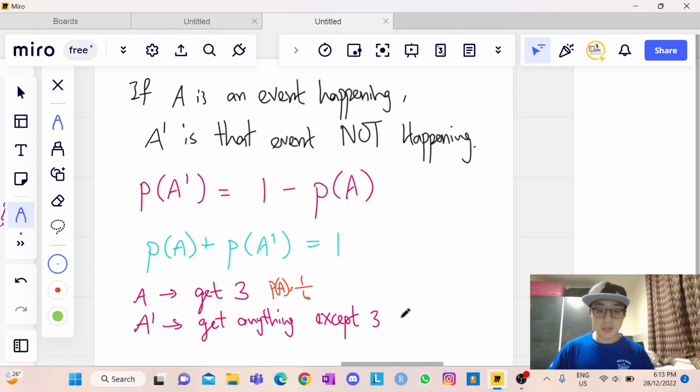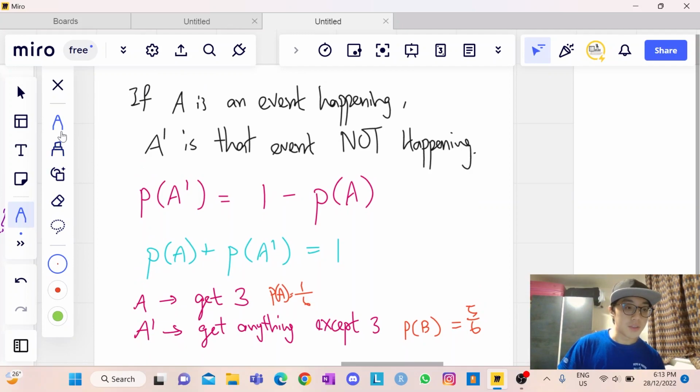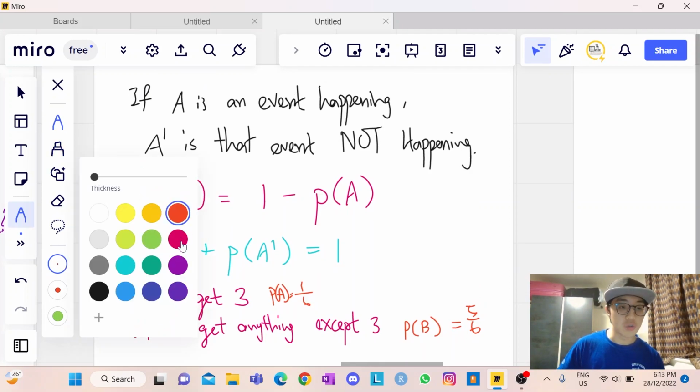And from the slide just now, the probability of B is equal to 5 over 6. So we can add up 1 over 6 and 5 over 6, and you will get the answer 1. Therefore, this is the relation that you will want to remember.